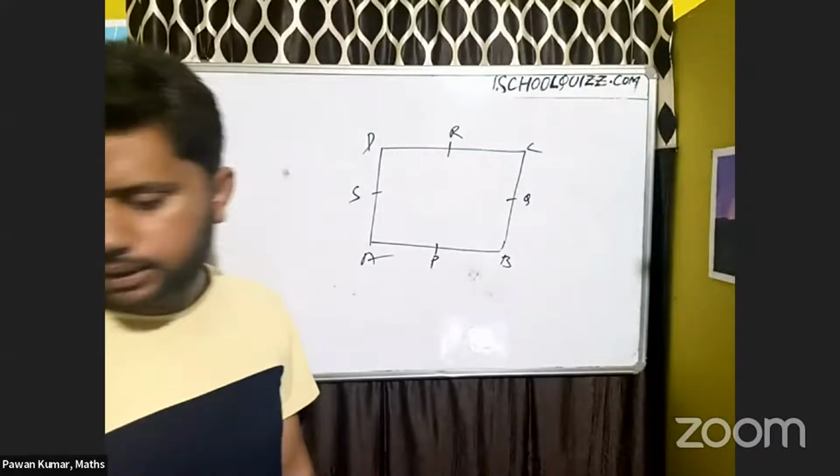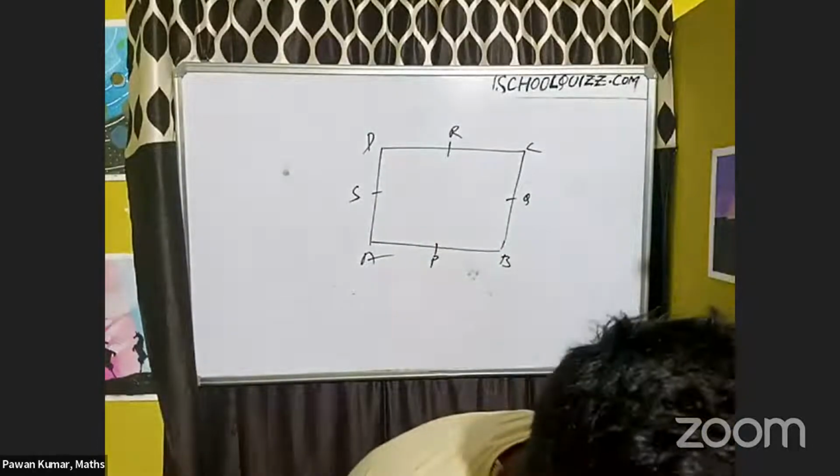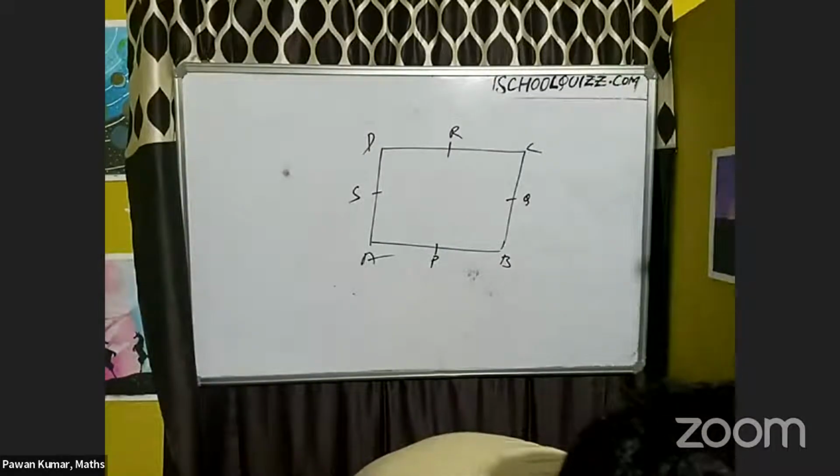NCRT Means 8th or 9th? 9th. 9th. 1 minute. Okay. But which exercise you have said? Sir, from 8.2 question number 1. 8.2.